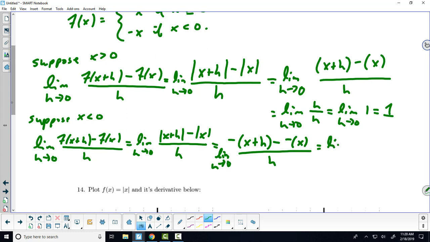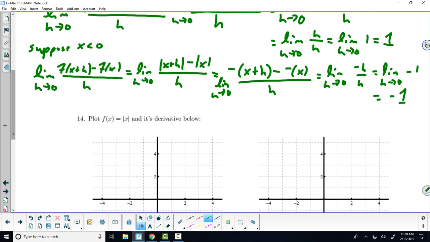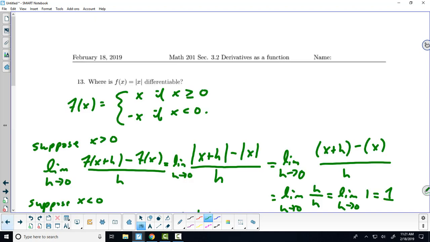Which is equal to the limit as h approaches 0 of negative h over h, which is equal to the limit as h approaches 0 of negative 1, which is negative 1. Okay. I need just a tiny bit more room for this last part.